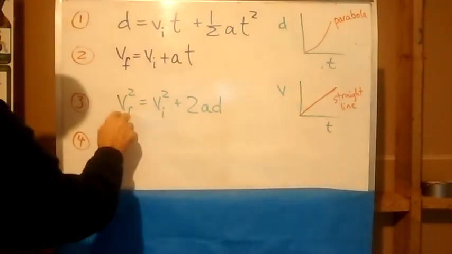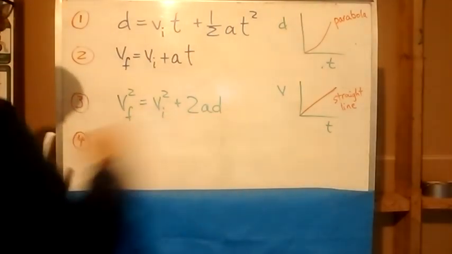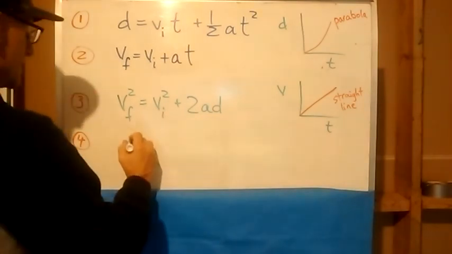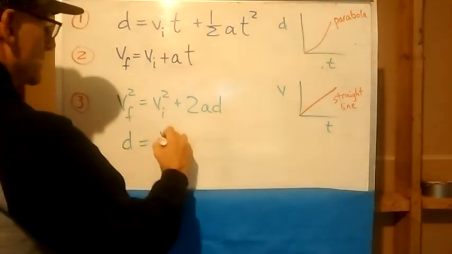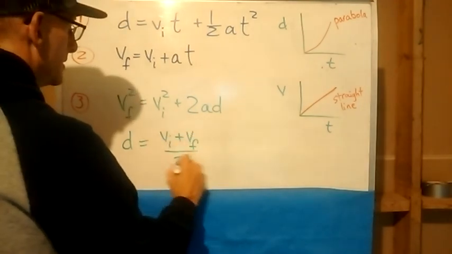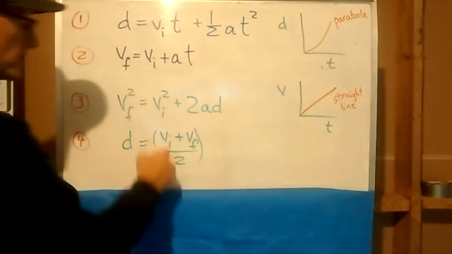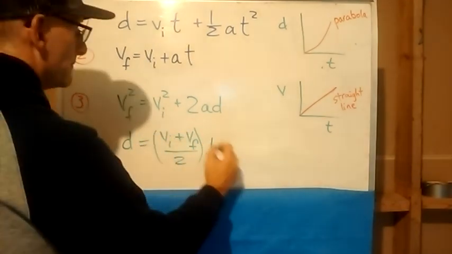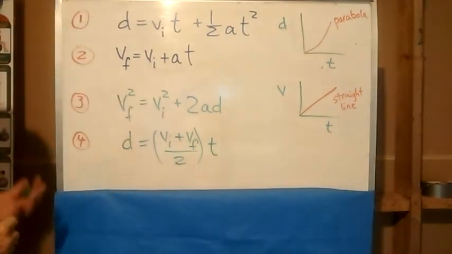Okay, so Vf squared equals Vi squared plus 2ad. The other equation is d is equal to Vi plus Vf over 2, that's just the average velocity, times time. So those are the 4 equations of kinematics.